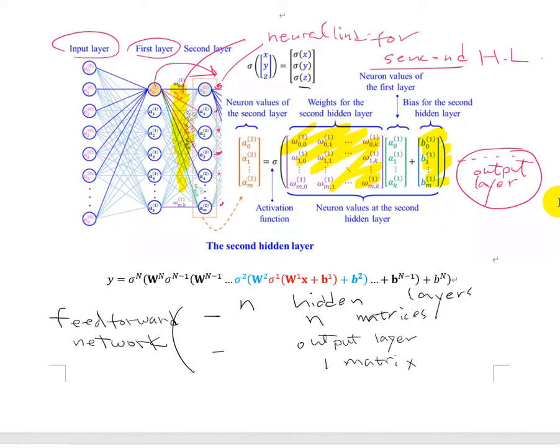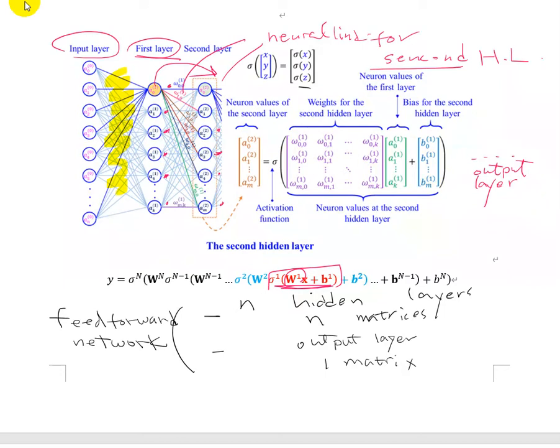Let's assume we have a first layer, and red is represented by these expressions, where W1 is this, and B1 is what you add at the end of each neural value for the first layer.